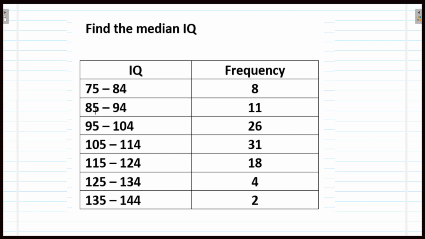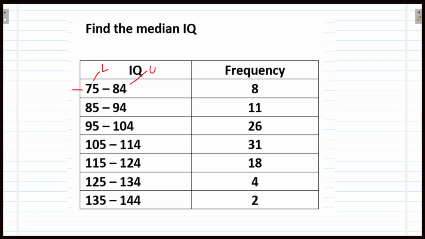How to convert this, you have studied in your 9th standard, and I hope you are expert in converting inclusive to exclusive form. What we do is this: this is the lower limit and this is the upper limit.